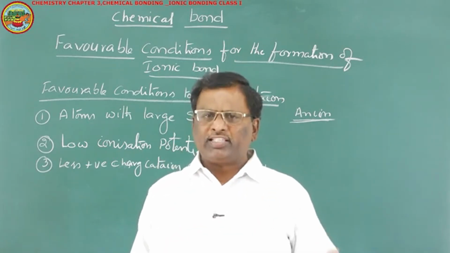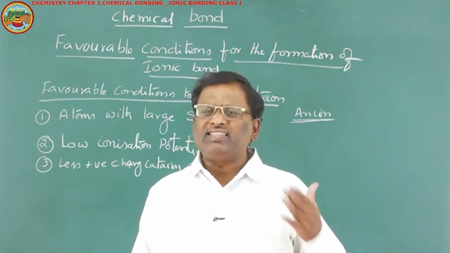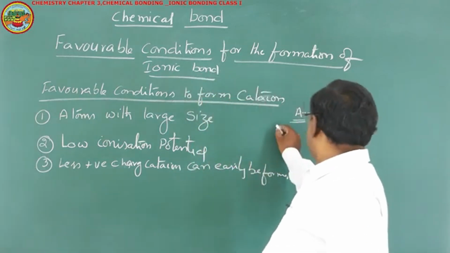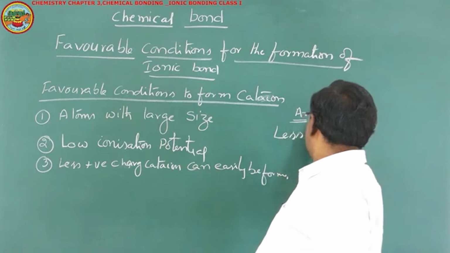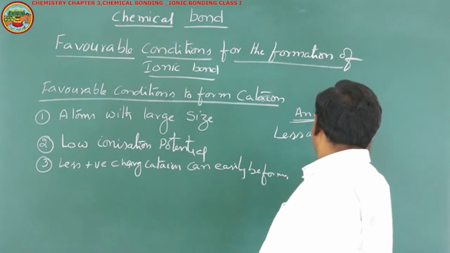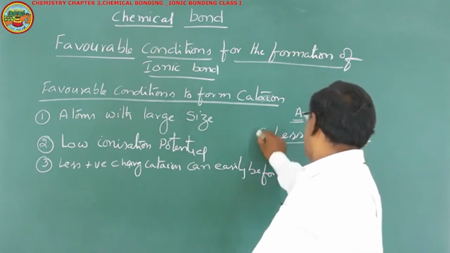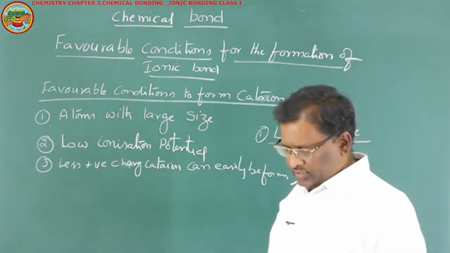Any atom can accept an electron only when its atomic size is less. So less atomic size is a favorable condition for the formation of an anion.